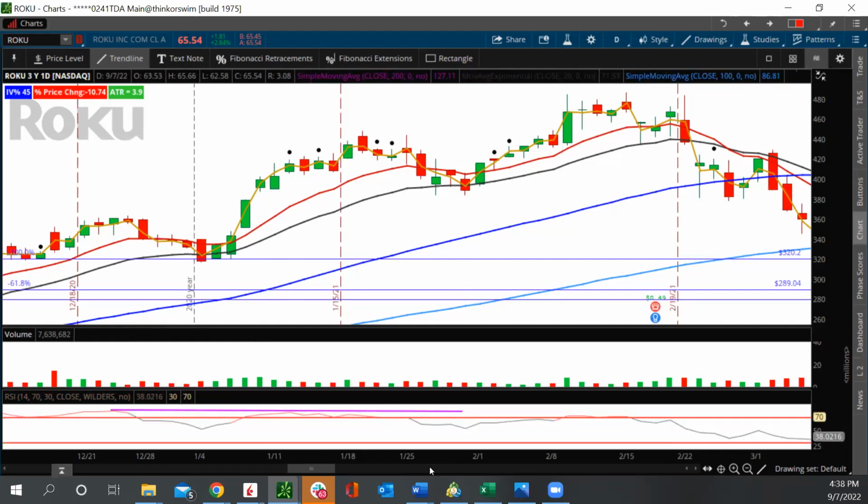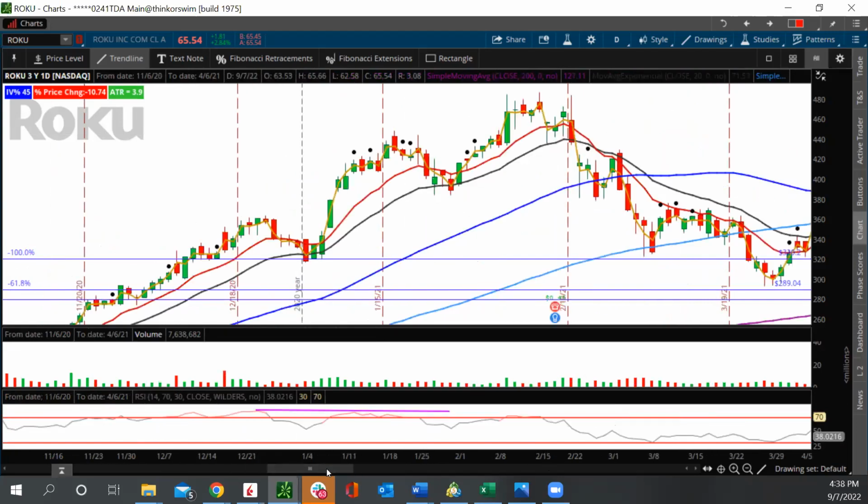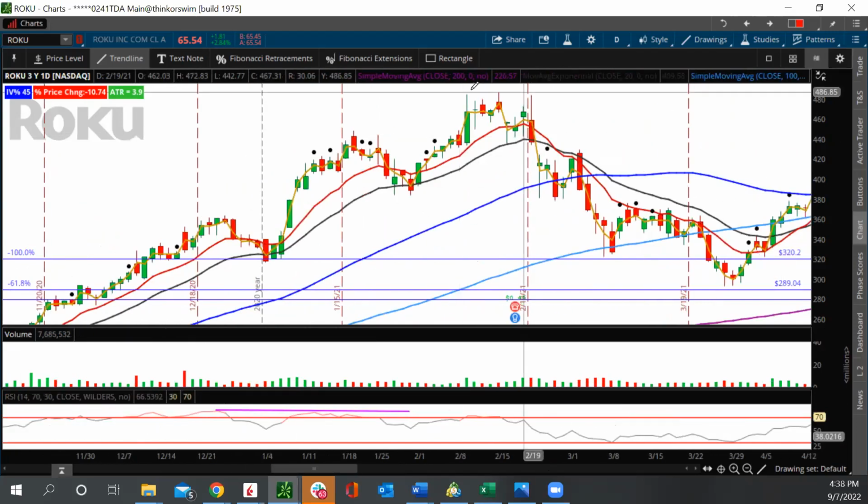Now, if we take this one step further, follow this along, okay? Once we got up into here, where price is making new highs, okay? Before it completely rolled over, look at where RSI is here compared to here, right?